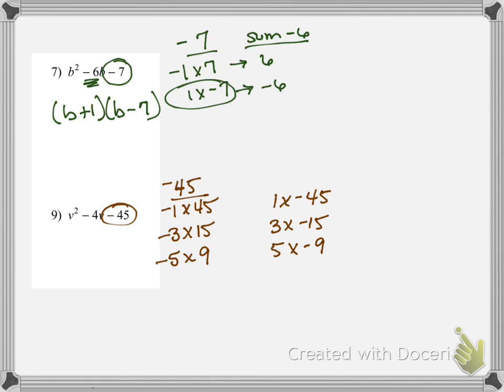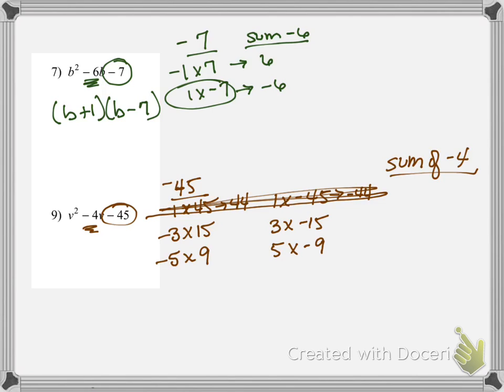We've got to find the one that has a sum of -4, because that's the number in the middle of our trinomial. So this one gets us a 44, which means that one gets us a -44. Doesn't work. That makes 12, and that makes -12.